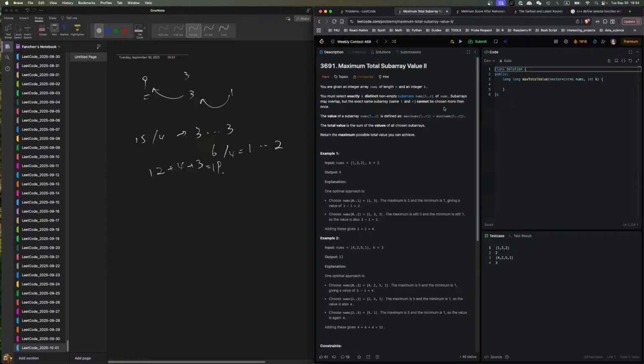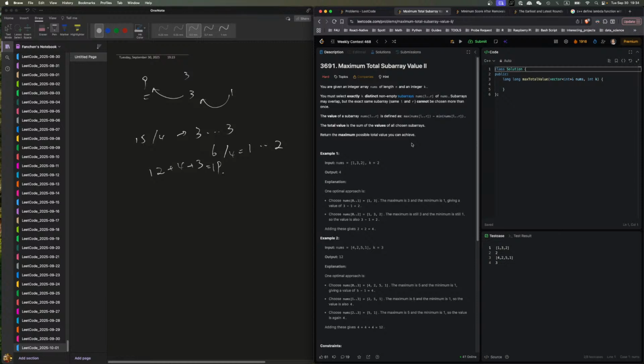The value of a subarray is defined as max minus min. The total value is the sum of the values of all chosen subarrays. Return the maximum possible total value you can achieve.